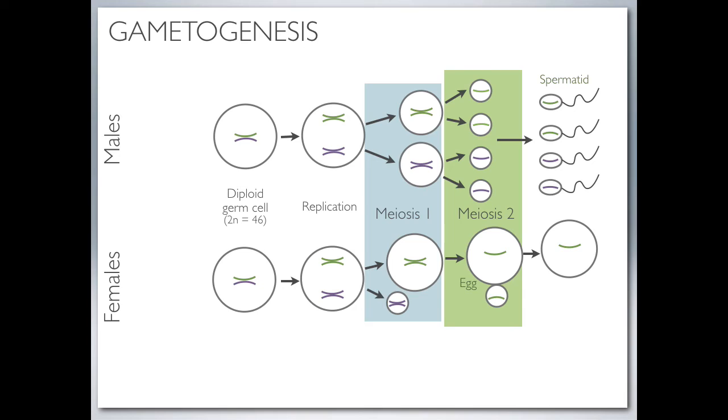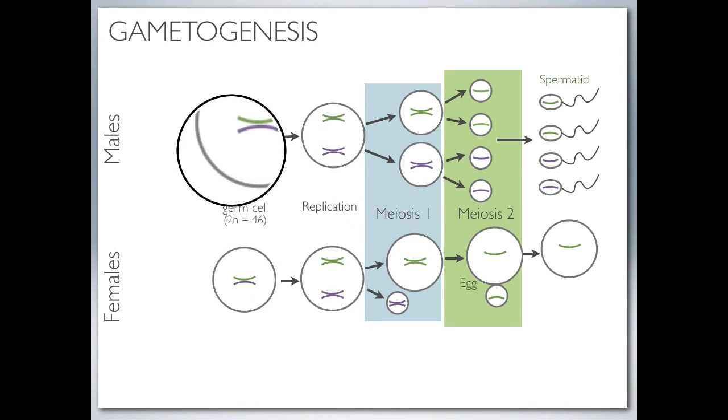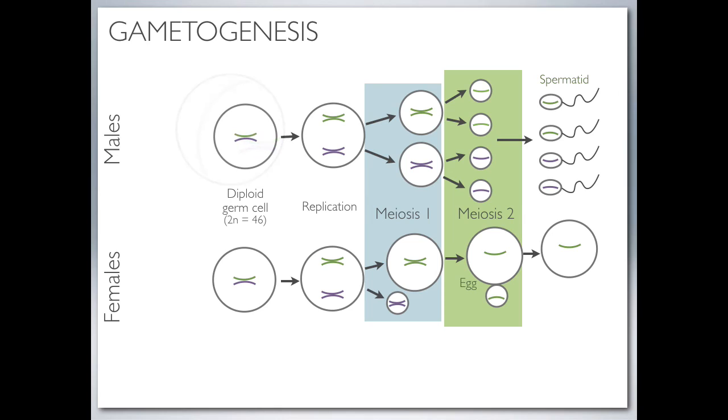So we end up with the 4 spermatids and just the single egg from the single oocytes and spermatocytes that we began with on the left-hand side. Okay, so those are the basic steps that are involved. And then, again, we can produce a zygote if the sperm successfully fertilizes an egg.